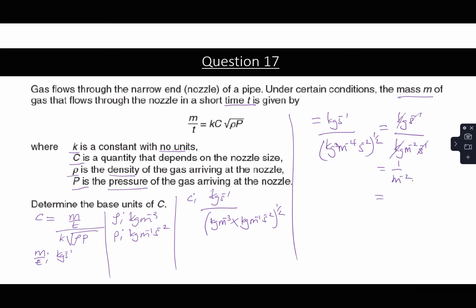When you simplify this, it becomes m power positive 2, the reciprocal of that. So the base units of C are going to be m power 2. That requires resilience, and I hope that is understandable.